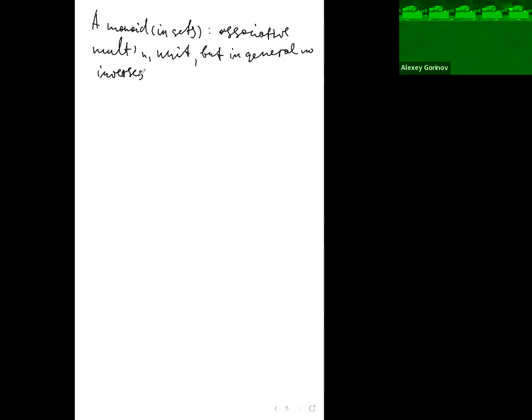Well, first of all, recall that a monoid in sets is a set with a binary operation, which is associative, has a unit, but may or may not have inverses.